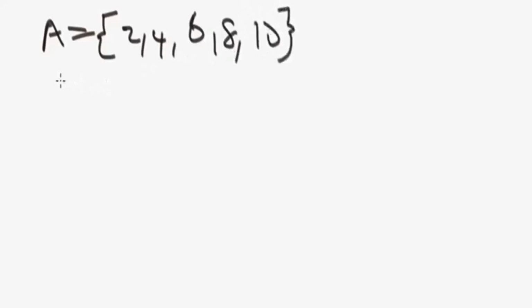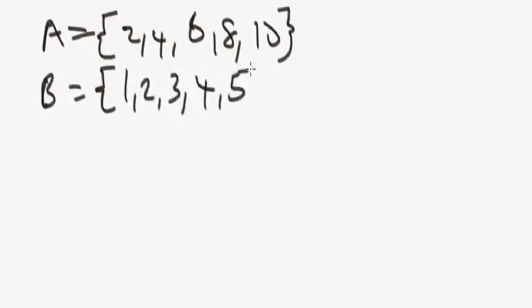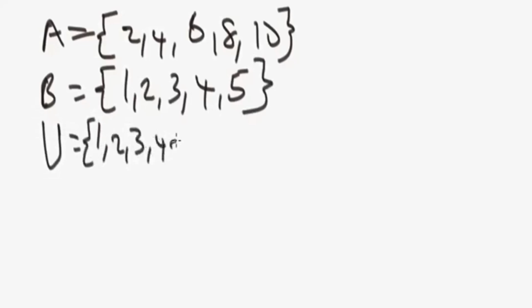Then the elements of B are 1, 2, 3, 4, and 5. Then the universal set has values 1, 2, 3, 4, 5, 6, 7, 8, 9, and 10.